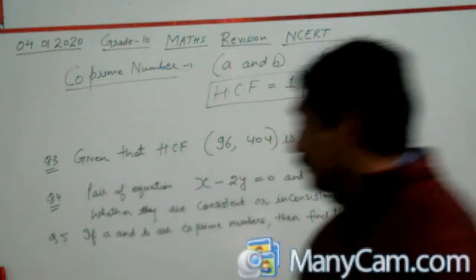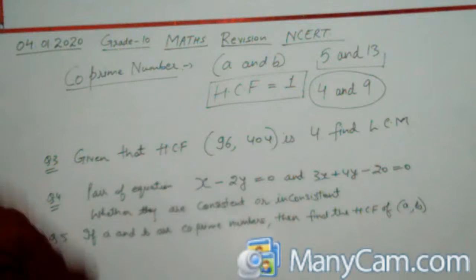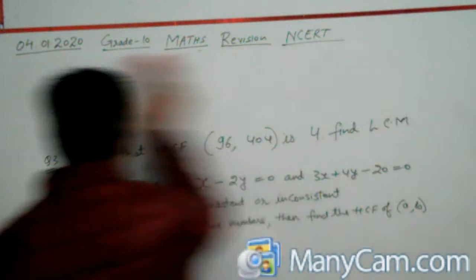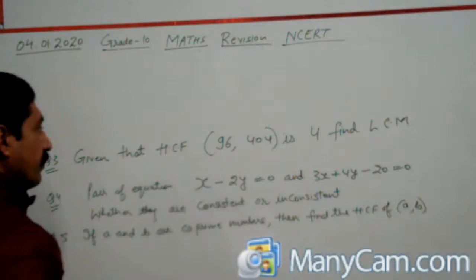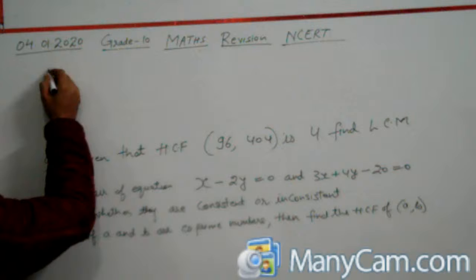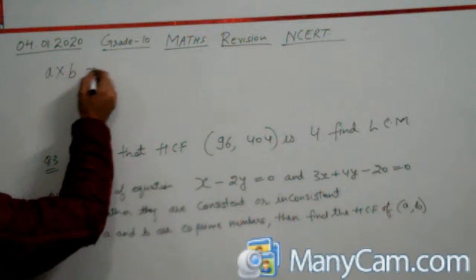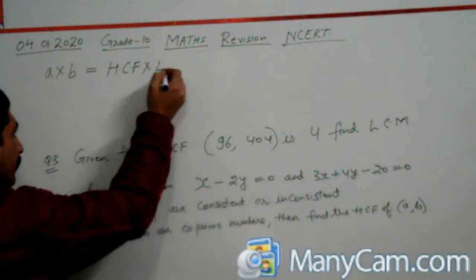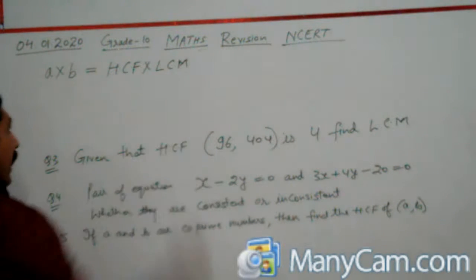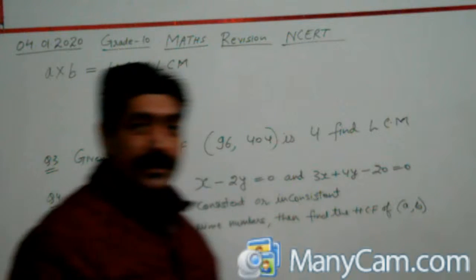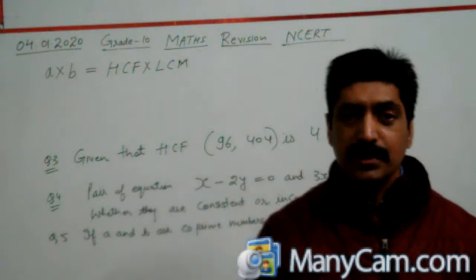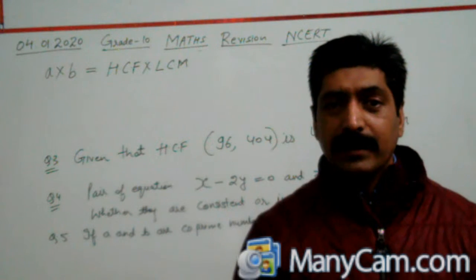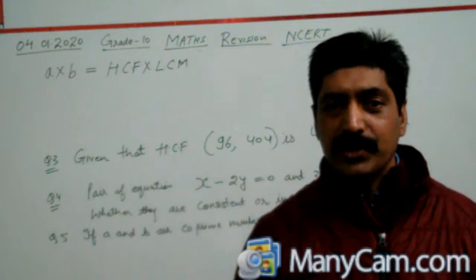So the next question is related with HCF and LCM. We know if two numbers are there, then the product of these two numbers is always equal to their HCF into their LCM. And we have seen so many times questions related with LCM and HCF and the prime factorization method.